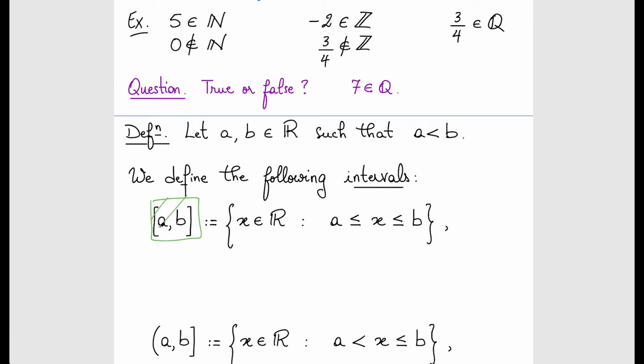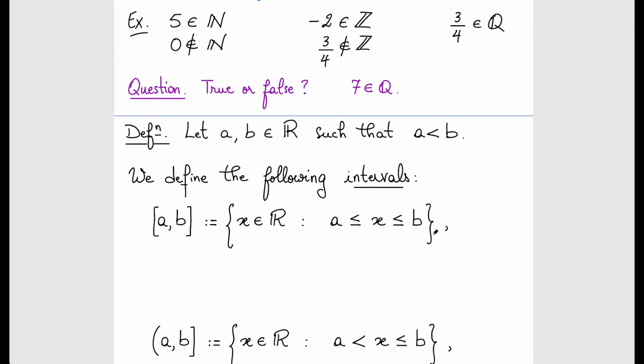This is like a picture. Whatever this picture is, it means the following. It means the set of all real numbers such that those real numbers should be simultaneously bigger than or equal to A and smaller than or equal to B.